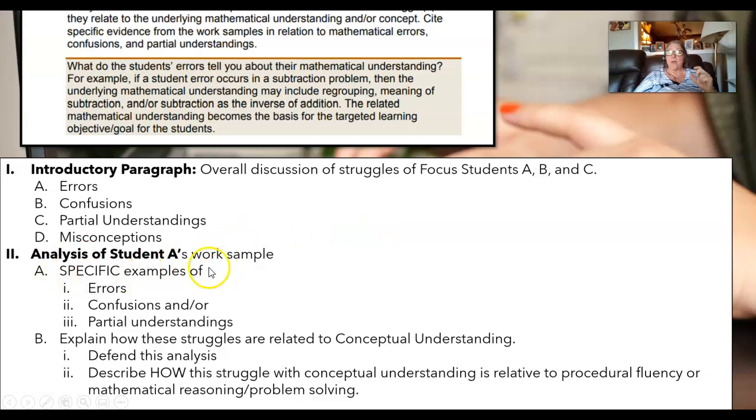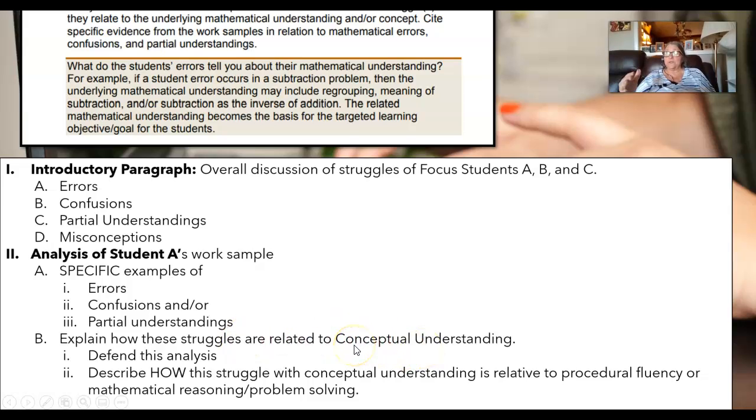Then you're going to start analyzing each student's work separately. So start with student A, give specific examples of the errors, confusions, and partial understandings. Explain how the struggles are related to conceptual understanding.